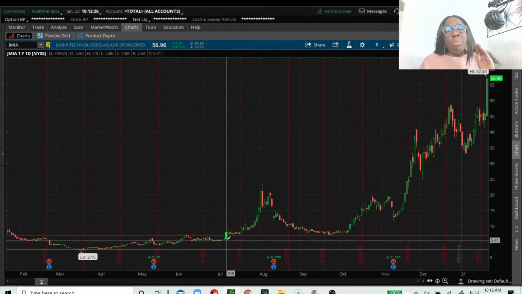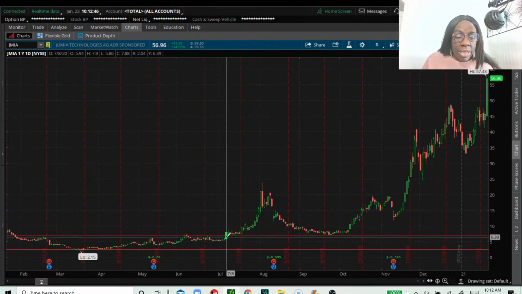Resistance is always the ceiling, the point at which sellers will sell. The minute price gets to that point, the sellers step in, they're selling their shares, and the price always goes down. But on this day, there were more buyers than sellers, and that's why we have this green candlestick breaking above.